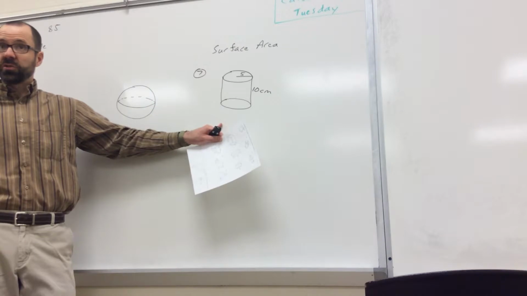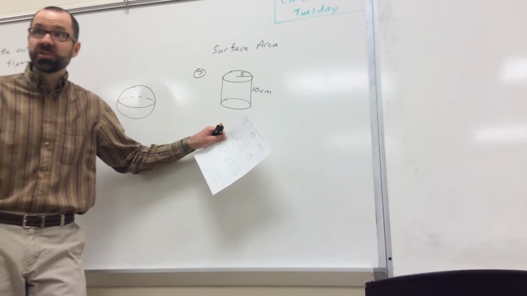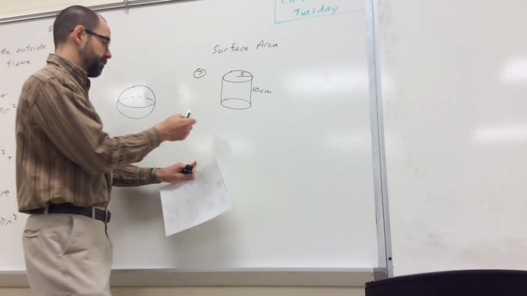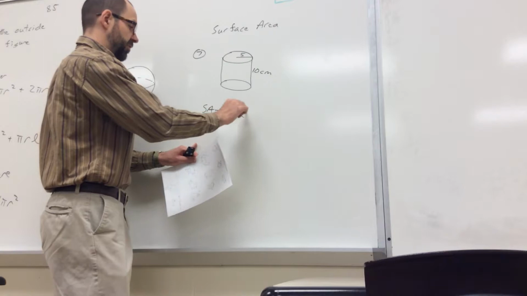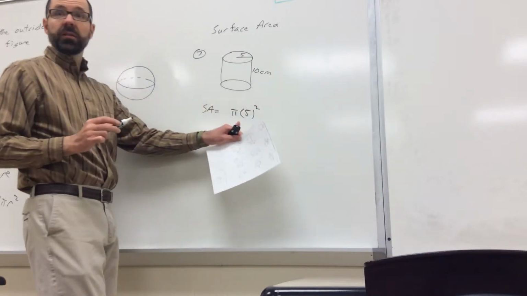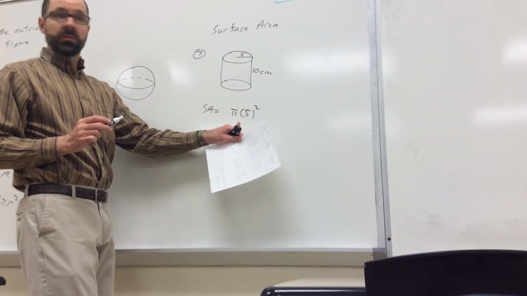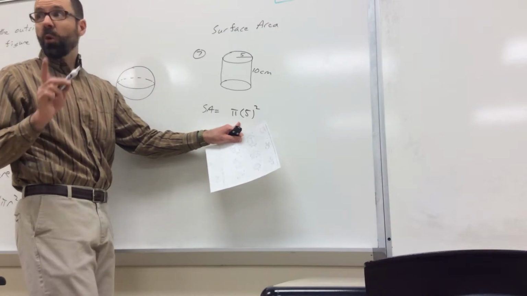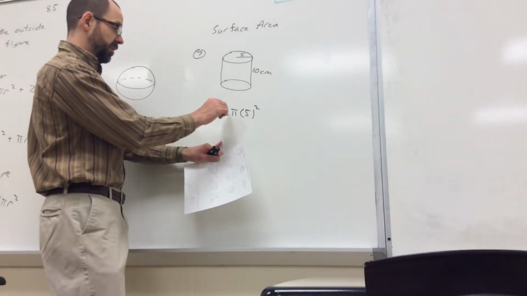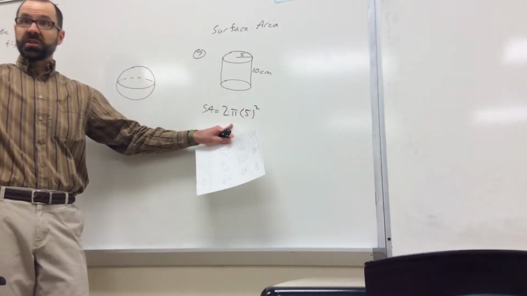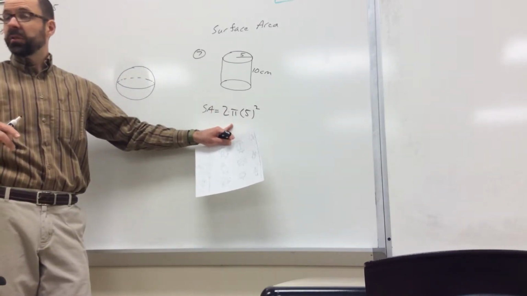The area of the 2 circles. The area of 1 circle is pi r squared, right? So in this case, it's pi times 5 squared. So that's the area of 1 of the circles. Then we have to times that by 2, because the cylinder has a circle on the top and a circle on the bottom.